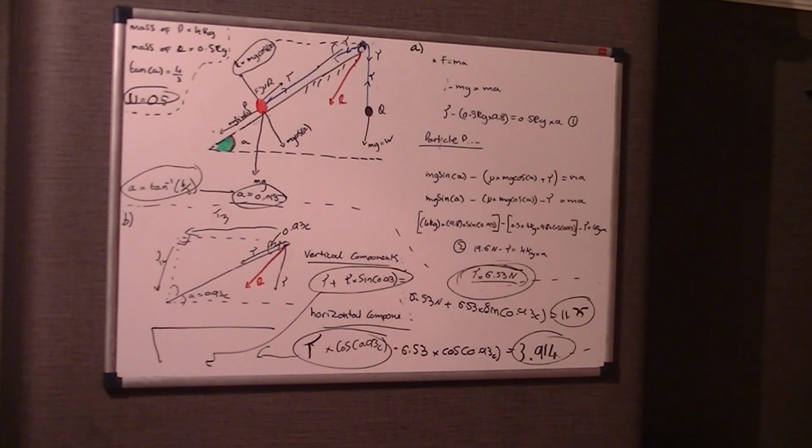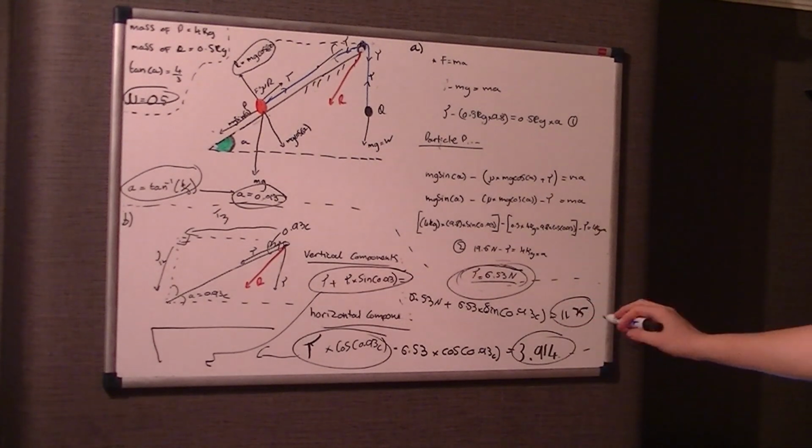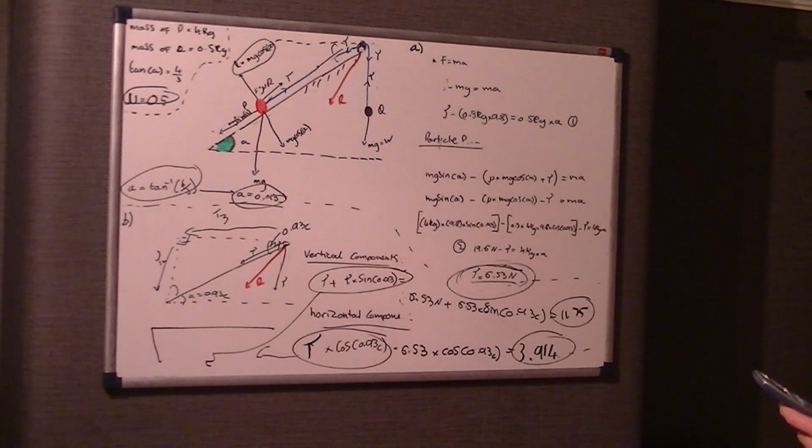And if you were to do that, sorry, I do apologise. Make sure you calculate in radians, by the way. Okay, so it's the square root of 6.53 plus 6.53 times sine 0.93, or 11.75, whatever.